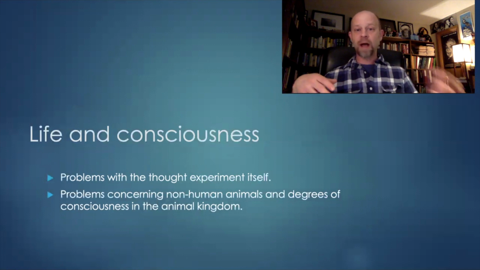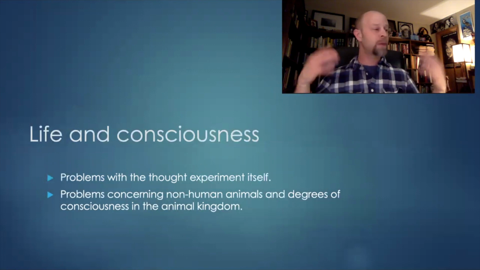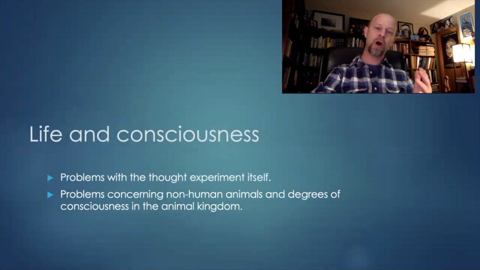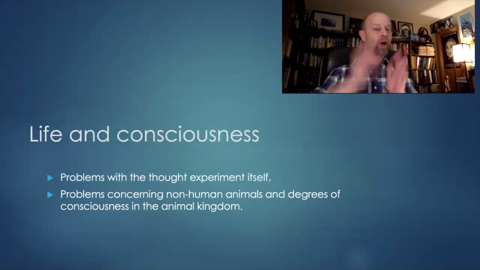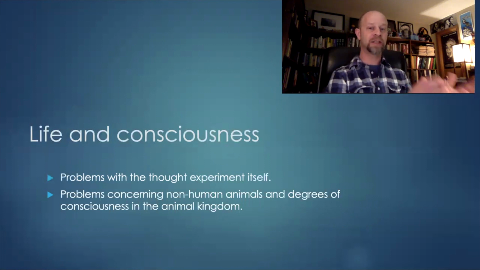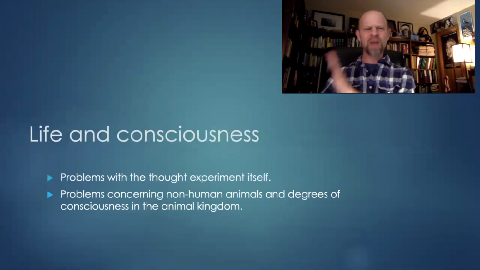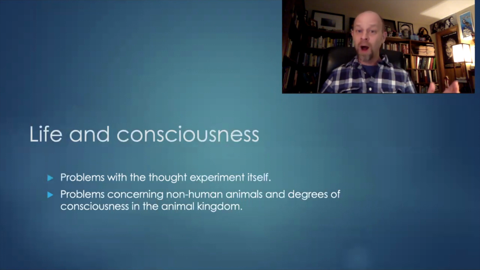Maybe dolphins and elephants and pigs and cows do too, maybe dogs and cats and so forth. But how far down do you have to go before you start saying, well, this level of consciousness is intrinsically valuable, but this other level is not? So that's an empirical question, and it's just not clear where we would draw the line. And so that's going to be a problem for anybody who tries to argue this way.